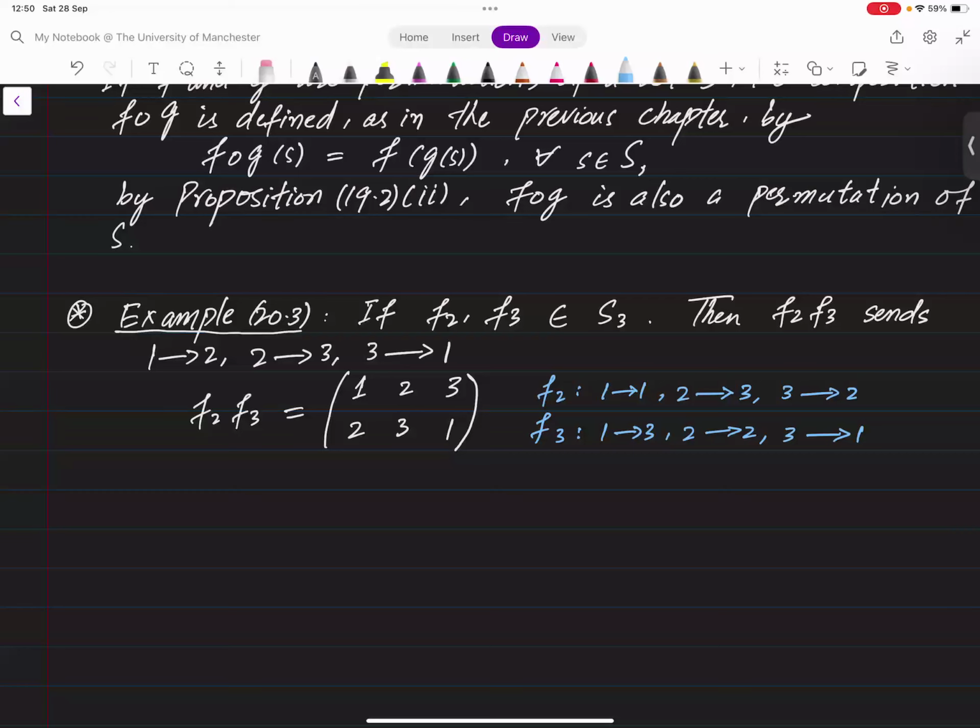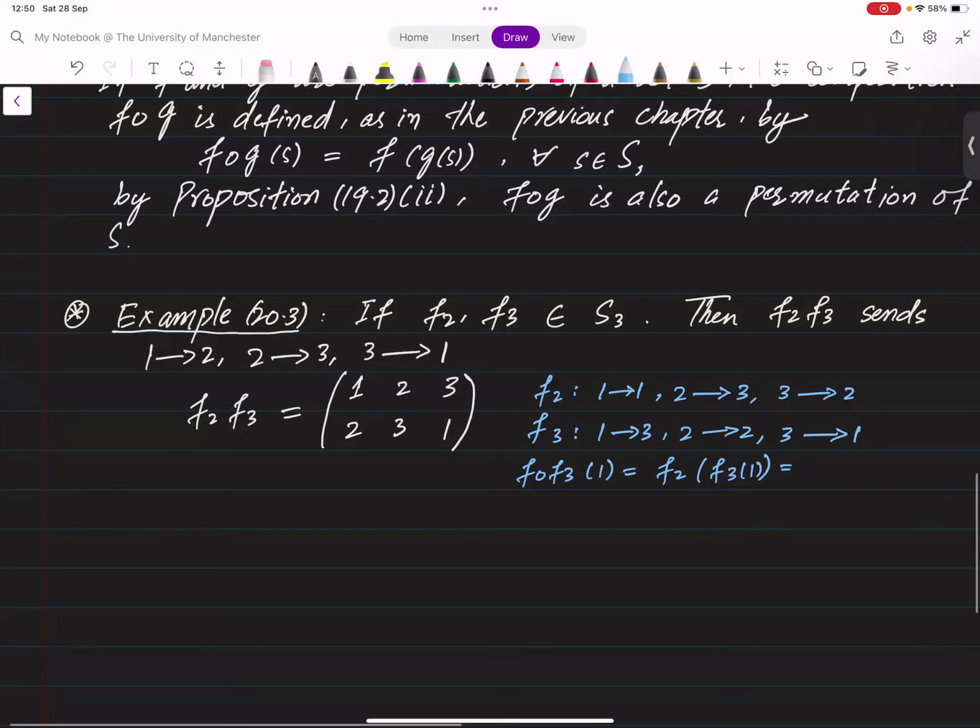So now you want to do F2 compose F3, let's say of 1, and that will be F2 of F3 of 1. F3 of 1 is 3. So you are doing F2 of 3, and F2 sends 3 to 2. So that's why you are sending 1 to 2.